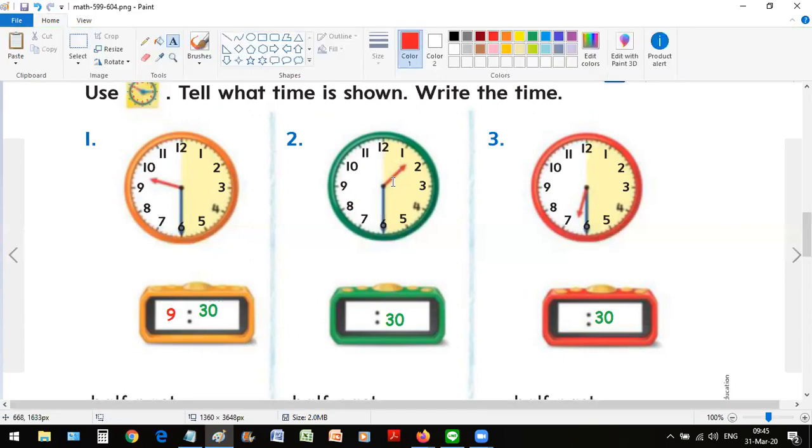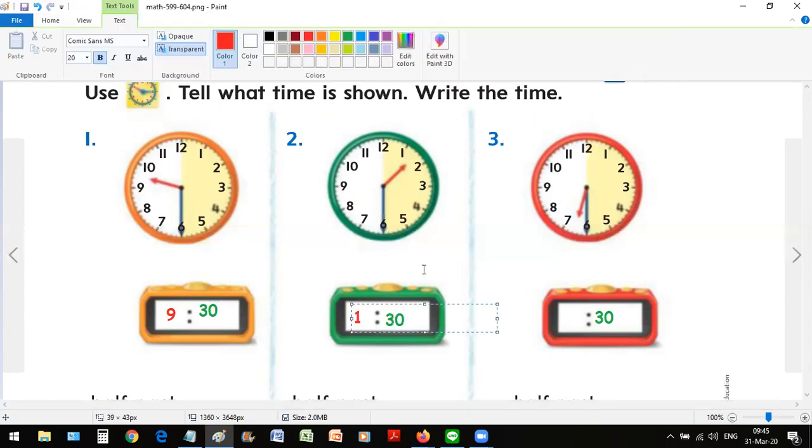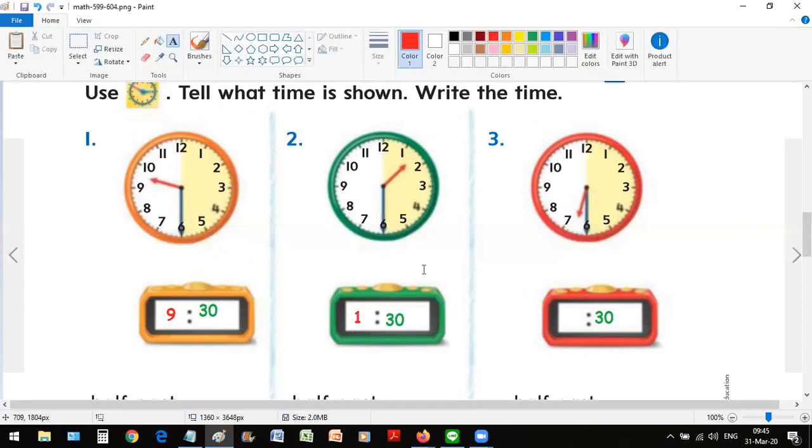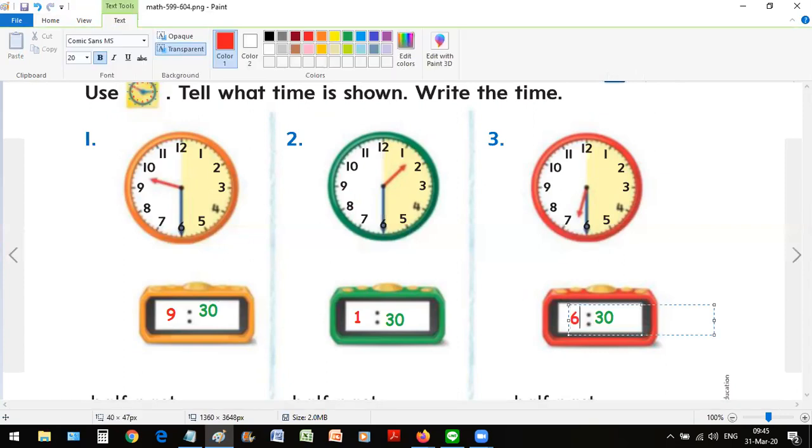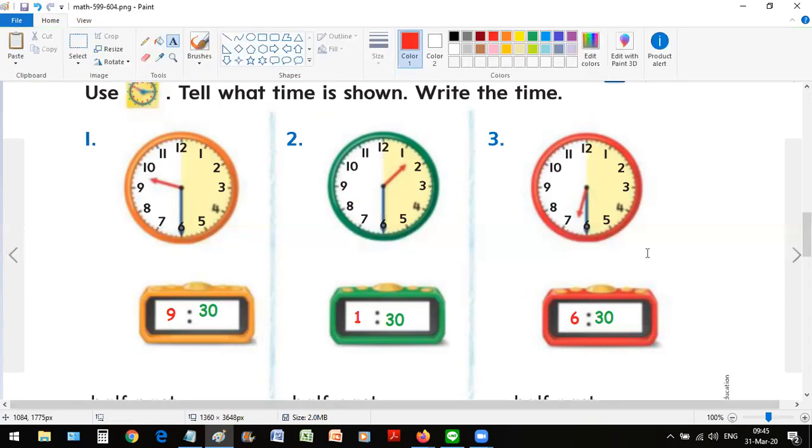Now here, the hour hand is between 1 and 2. So it's past 1, 1:30. So it's 1:30. And for number 3, it already passed number 6. So that is 6:30. Well, this is it. This is how you do this.